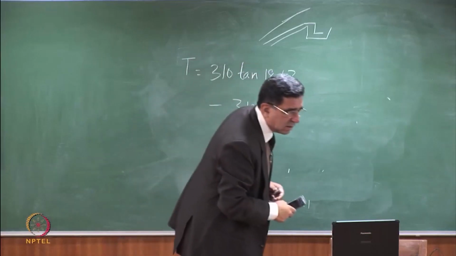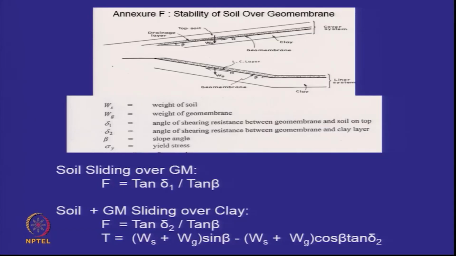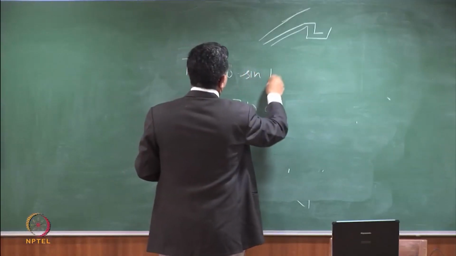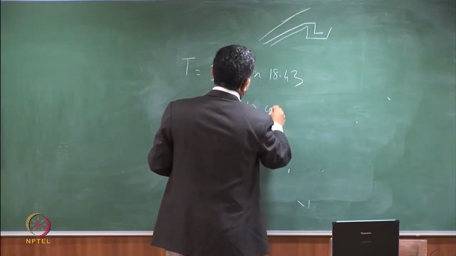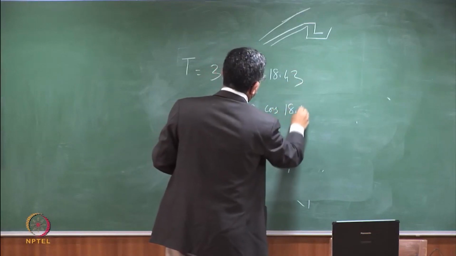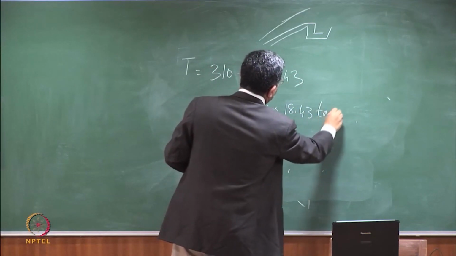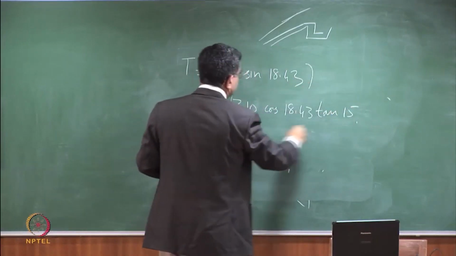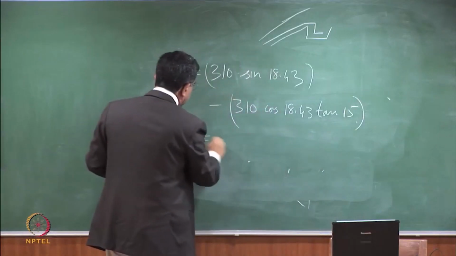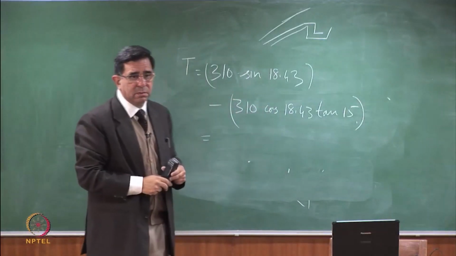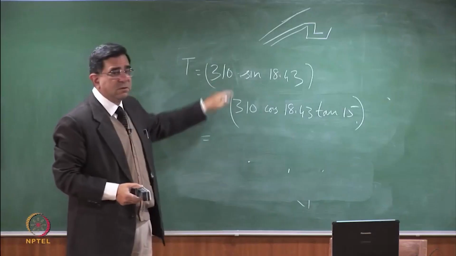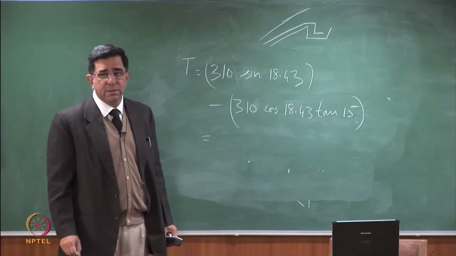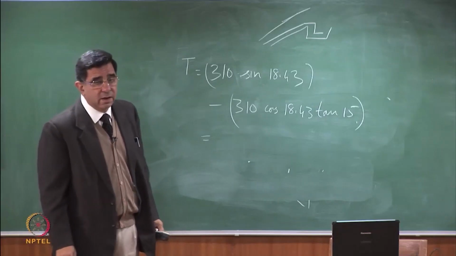Sorry, that's not right. Sine beta. Can you give me what is this value? What is the first value? 310 sine 18.43 is 98.